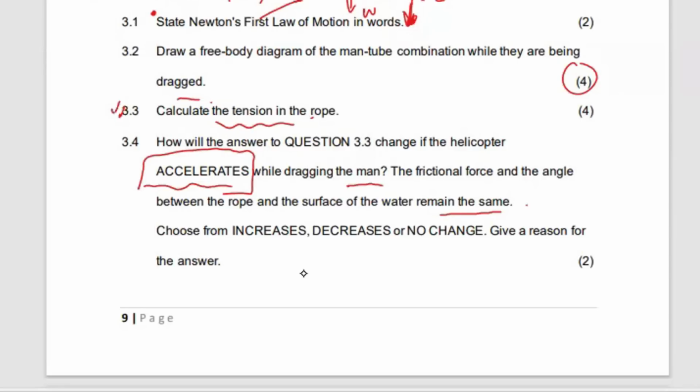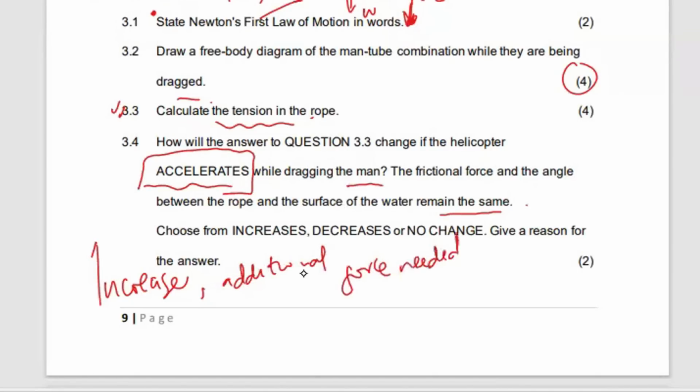In other words, how will the tension change if there is acceleration? So the tension definitely is going to increase. And the explanation is that as the helicopter accelerates, there is an additional force.